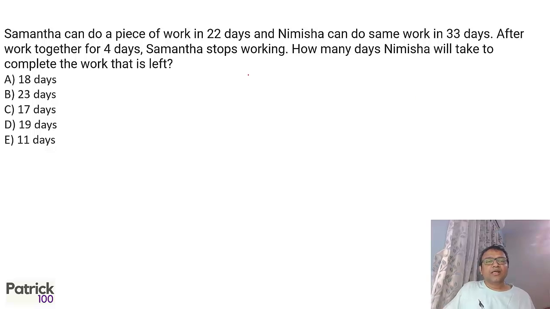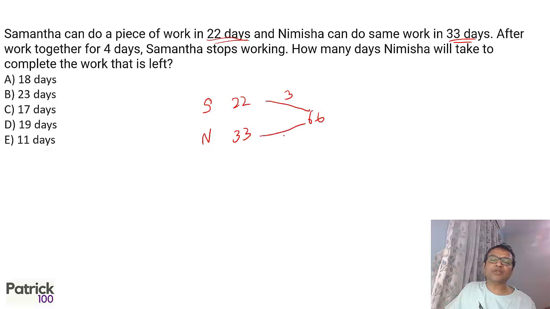Samantha can do a piece of work in 22 days and Nimisha in 33 days. Now, one way is the LCM method. For 22 and 33, the LCM is 66. So Samantha does 3 units of work and Nimisha does 2 units of work. Together they do 5 units, and they work for 4 days together, so 5 into 4, they do 20 units of work.